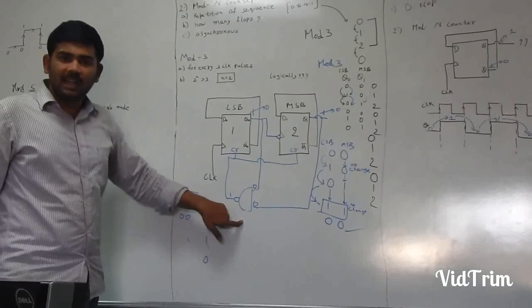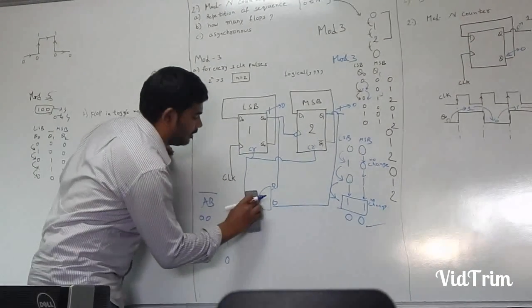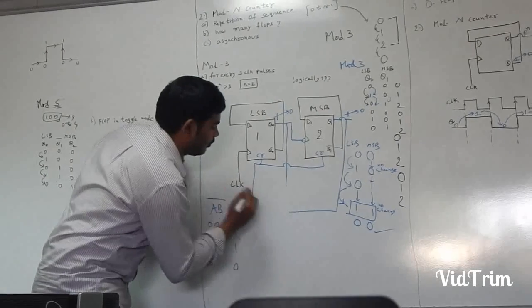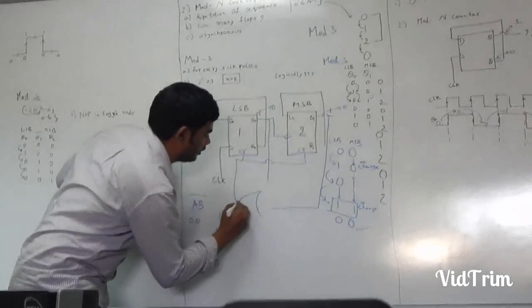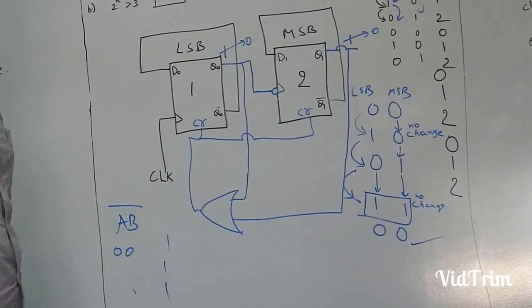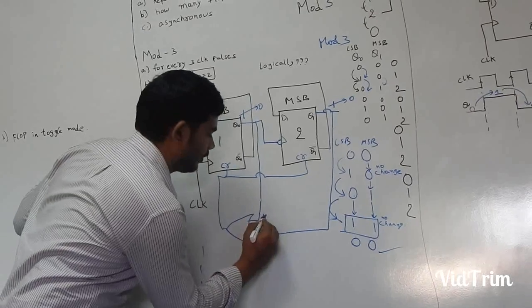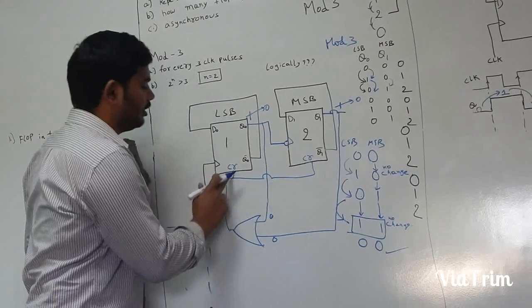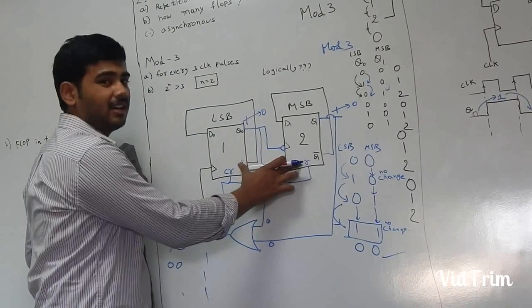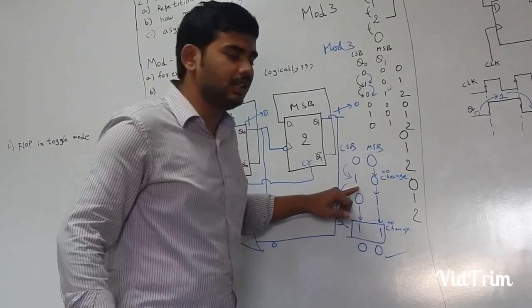So can I use a NAND gate here? No. So what if I use an OR gate? Again, see, if I send 0 0 to the OR gate, the output is 0, because clear is active high, so it will not work. Okay, satisfied, it will go to the next state.